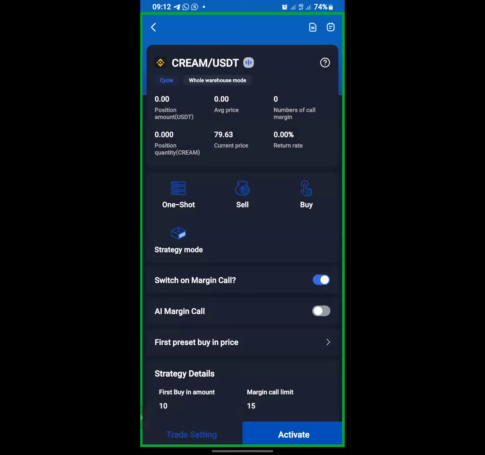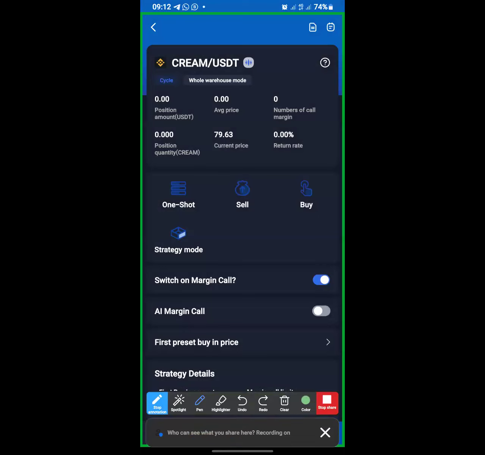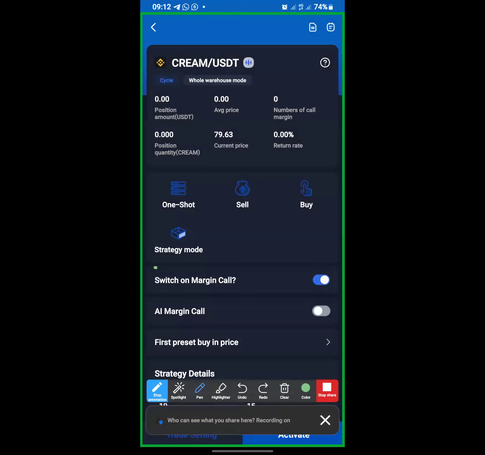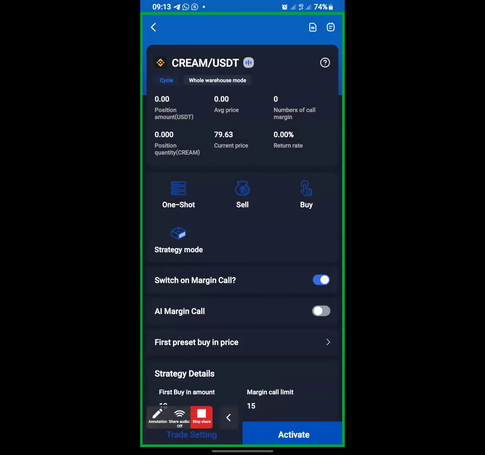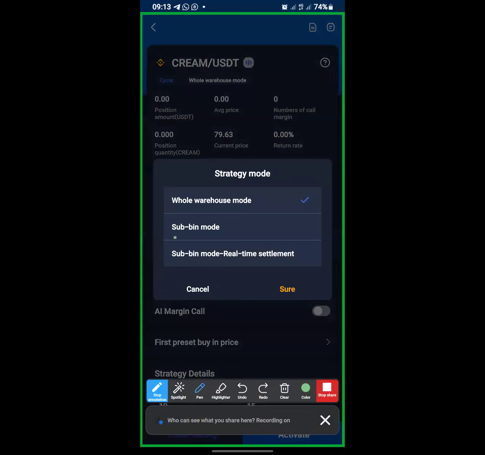Then before you start your coin, I gave someone some positions, and this person said, I forgot to click on strategy mode to change it to sub-in mode real-time settlement or sub-in mode. So you can use sub-in mode or sub-in mode real-time settlement. The whole warehouse is going to sell all the positions at once.